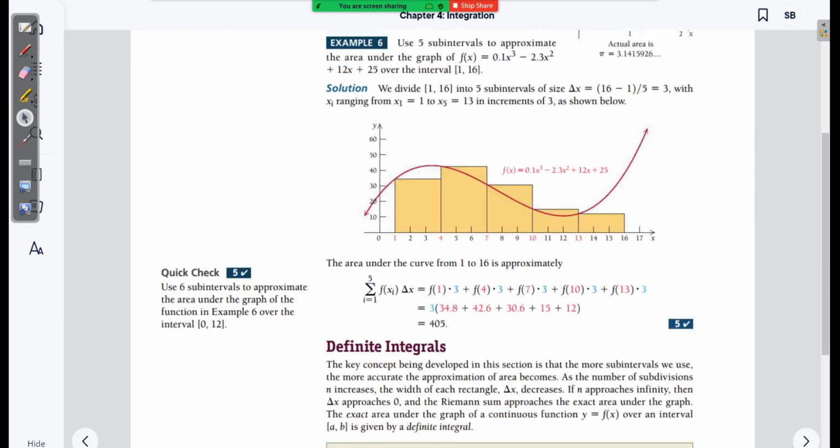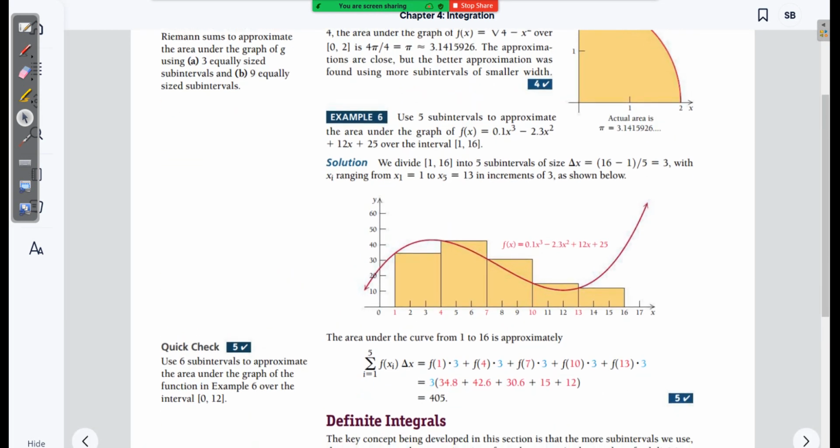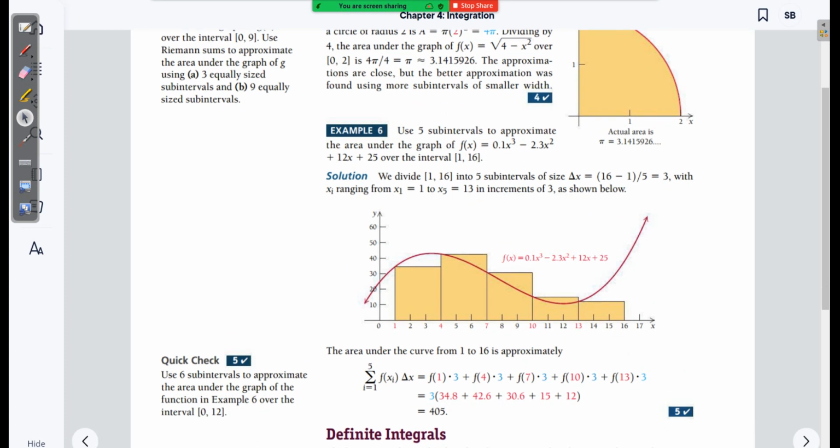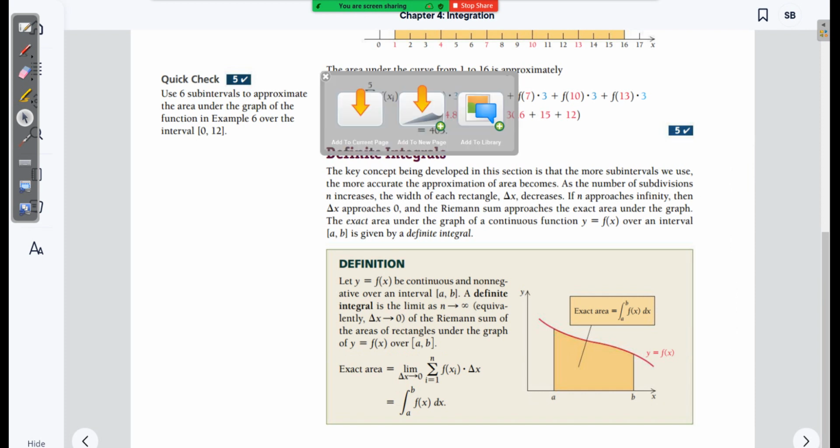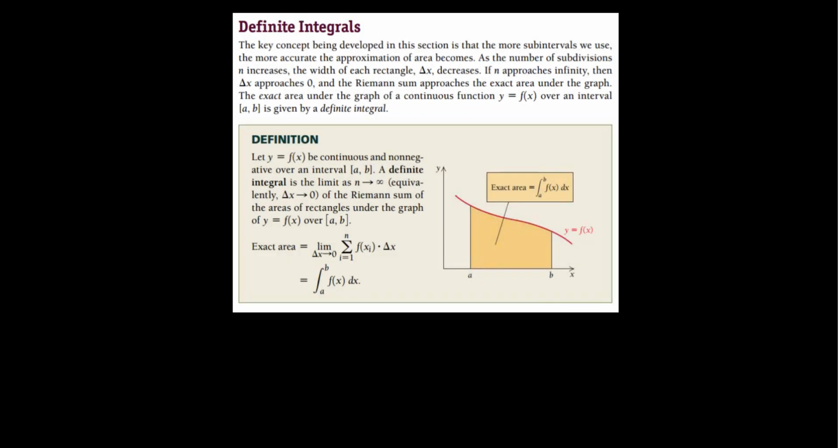All right. So. Example 6 is more the same. All right. Next up, we're going to go to the definite integral. Now, the definite integral, this is going to lead into the next section, which again is going to be the next lecture, where we actually get the exact solution here.